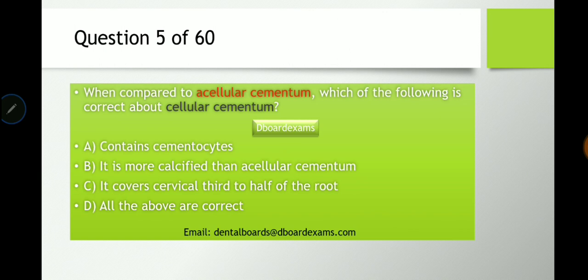A, contains cementocytes; B, it is more calcified than acellular cementum; C, it covers the cervical third to half of the root; D, all of the above are correct. You have to know the difference between acellular and cellular cementum. Just know that cellular cementum has cementocytes. So our answer here is A.